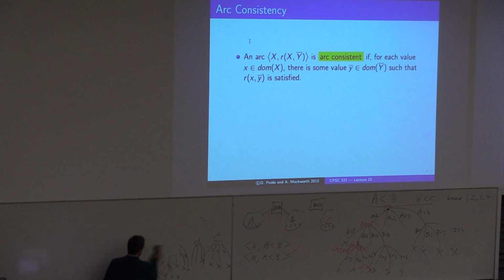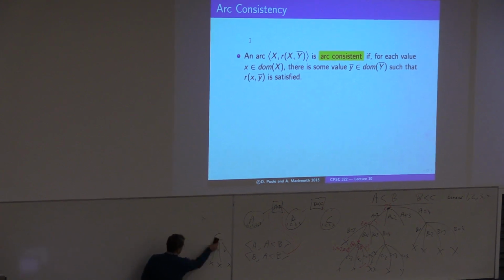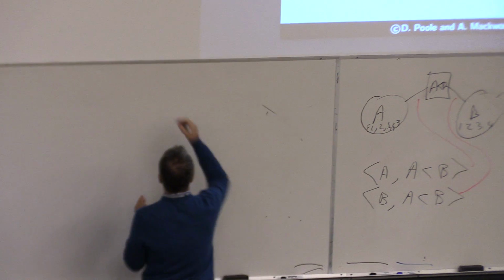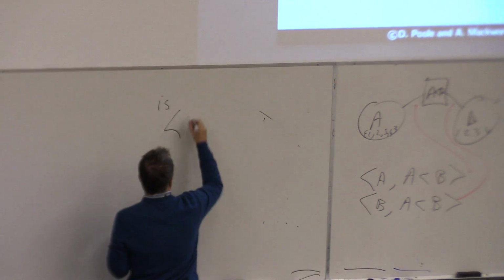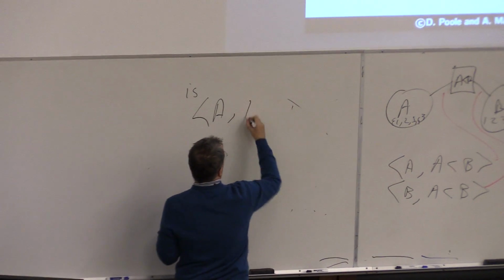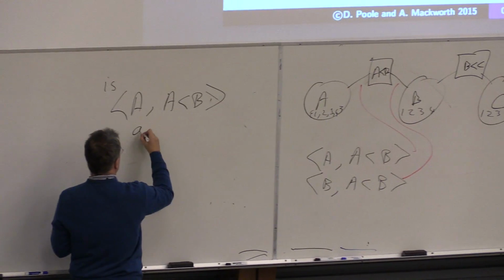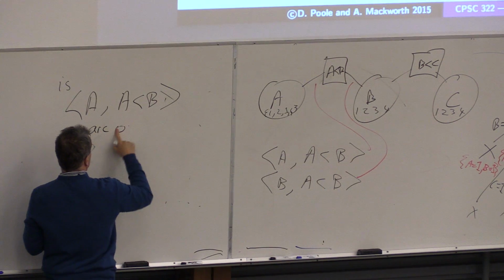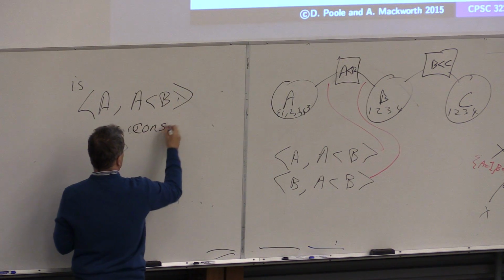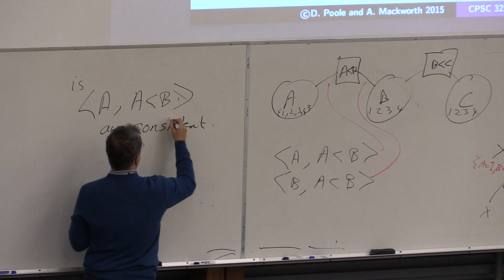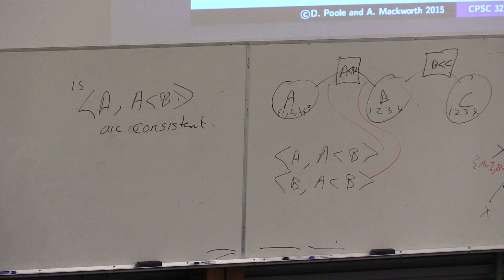So let's look at this graph. Is A is less than B arc consistent? What do we need?